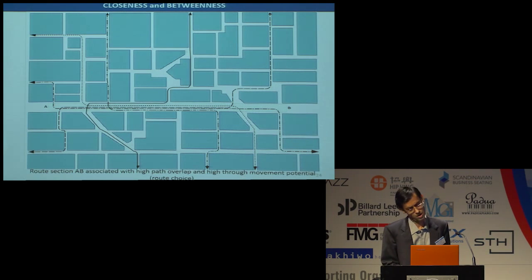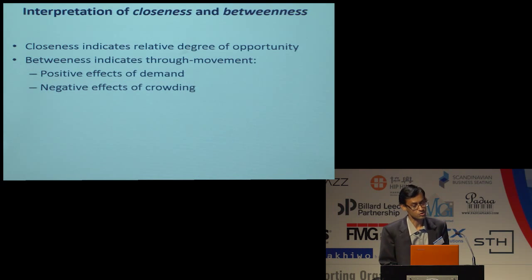I'm interested in measures of centrality, closeness, and betweenness. Betweenness is the path overlap, or the through movement potential, or through movement flows through a network, and in this case, AB has the highest betweenness. Closeness indicates the relative degree of opportunity.